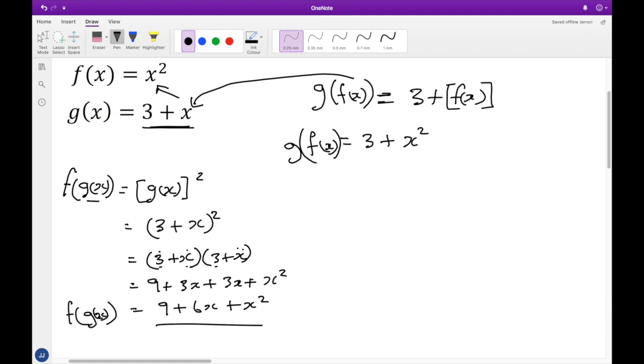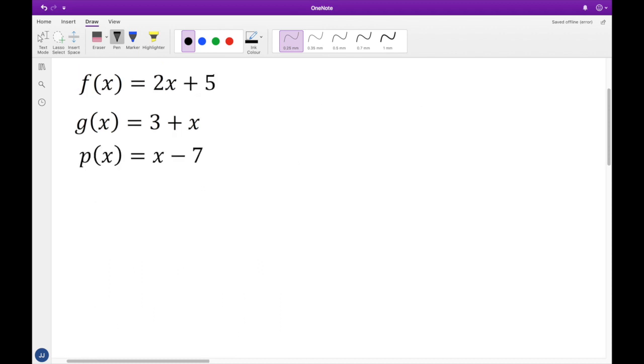So let's just take a look at one other slightly more difficult example. Right, so if we check this out here, we have 3 examples. The f of x being 2x plus 5, the g of x being 3 plus x, and the function p of x being x minus 7.